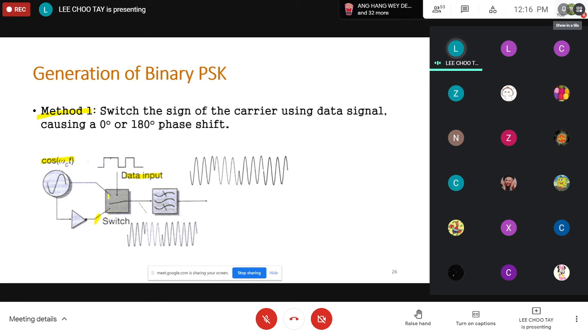So that will give us this. In this case, the waveform is sinusoidal rather than cosine. This is for minus, which represents 0, and this is positive, which represents a binary 1. So, a very easy modulation technique.